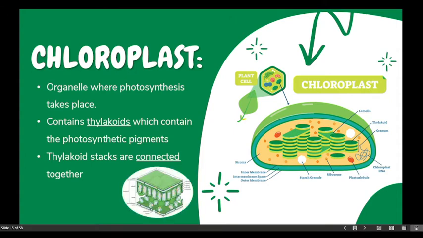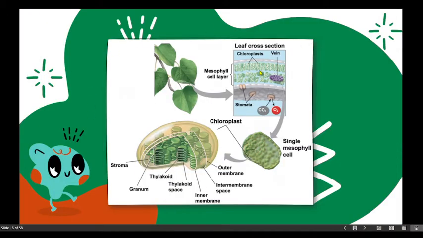Alright, so let's look at this overview. These are the leaves. This is mainly the site for photosynthesis. And inside those leaves, if we look closely, we can find the stomata where various gases are exchanged. And we can also find different cells. And inside a single mesophyll cell is the organelle called the chloroplast.